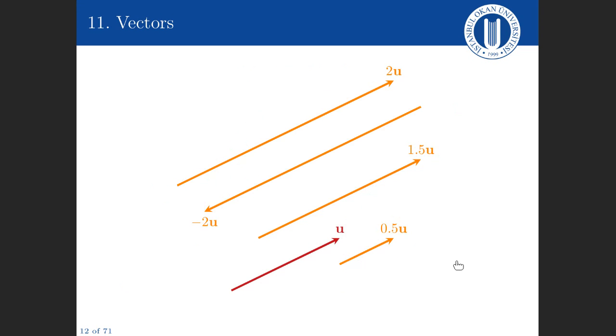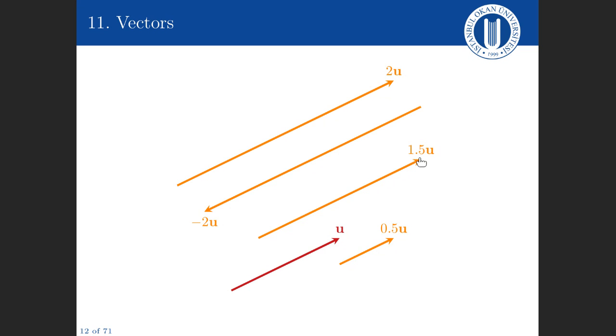We can multiply vectors by numbers. For example, if the red vector is the vector u, I might multiply this vector by the number 2, and get the vector 2u. 2u and u point in the same direction. The length of 2u is double that of u.